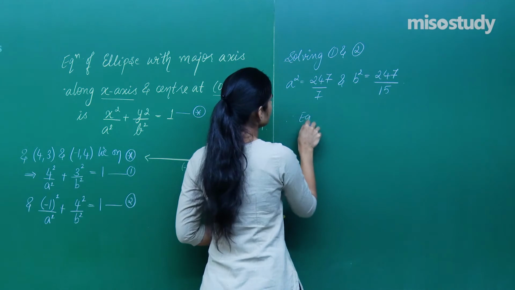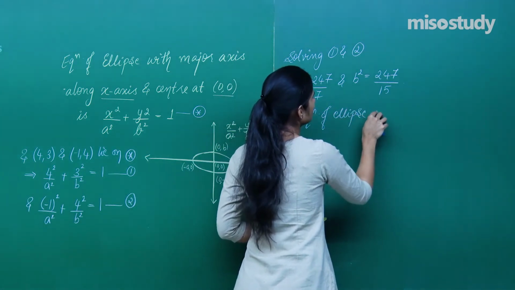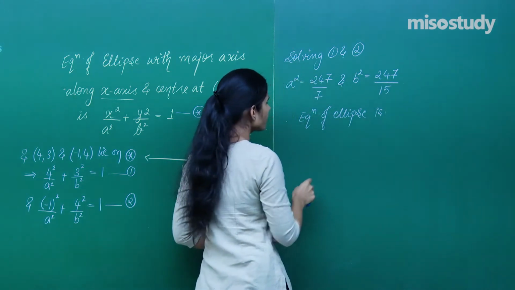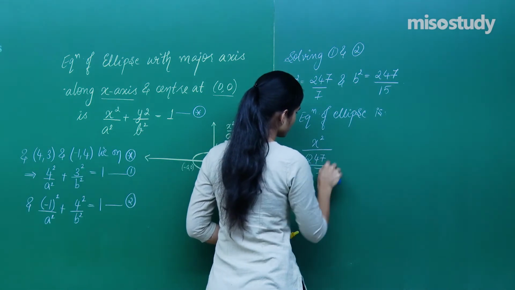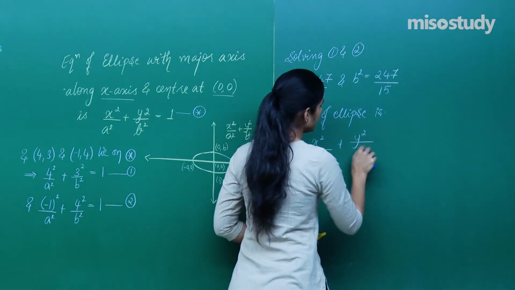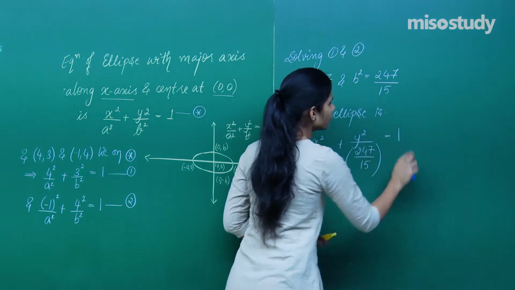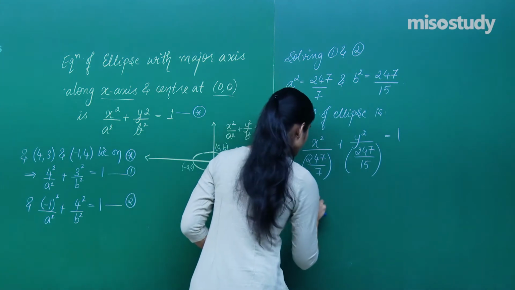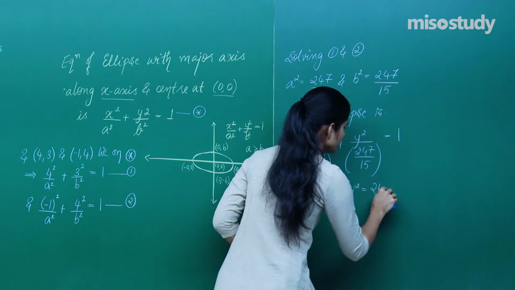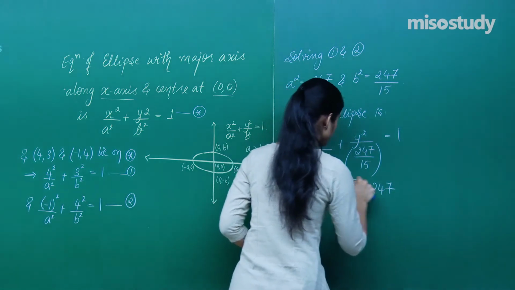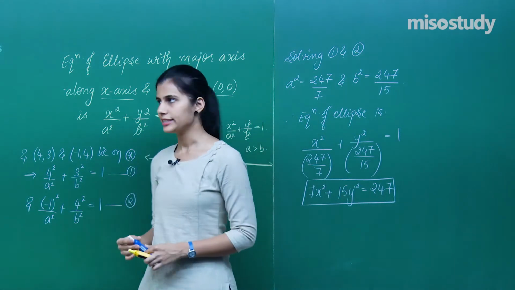Therefore, the equation of the ellipse, x square by a square plus y square by b square equals 1, turns out to be 7x square plus 15y square equals 247. This is the equation of the required ellipse.